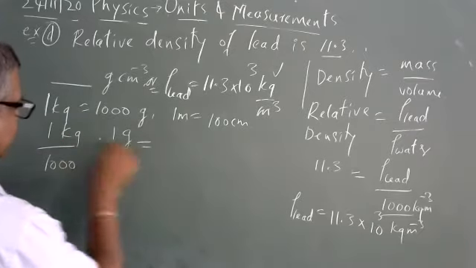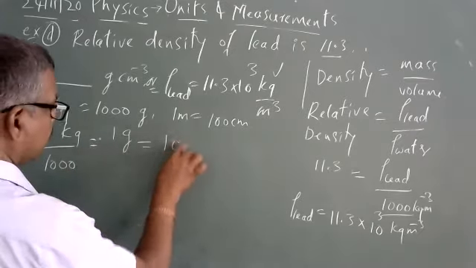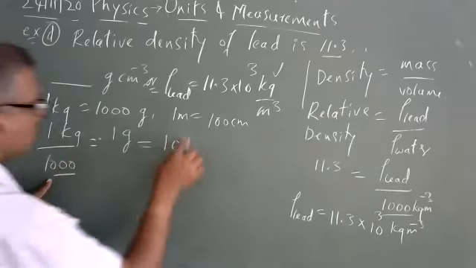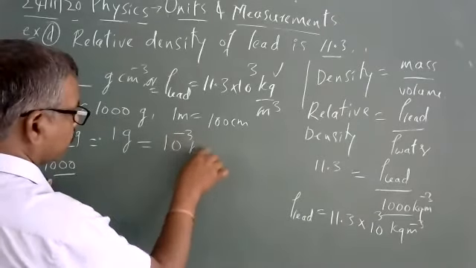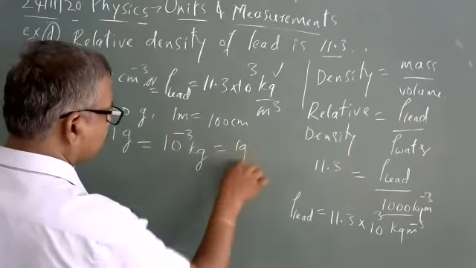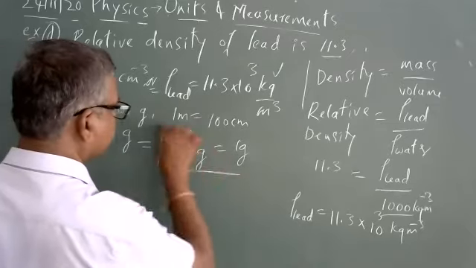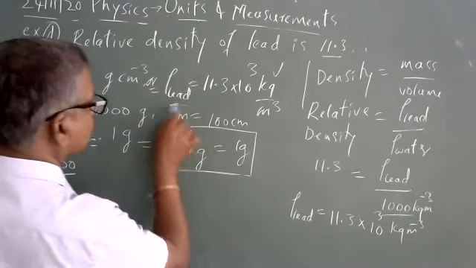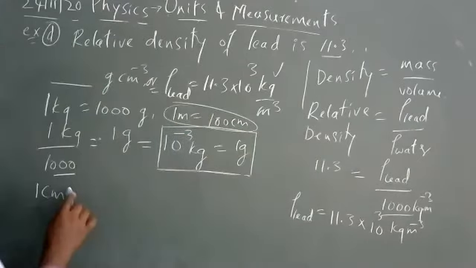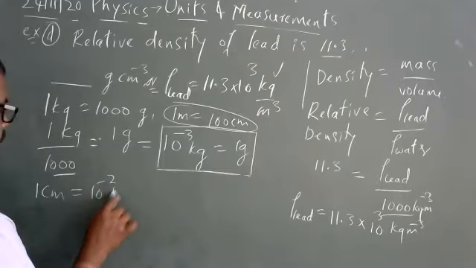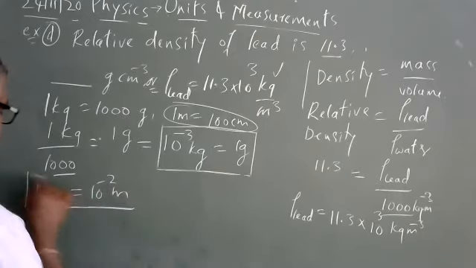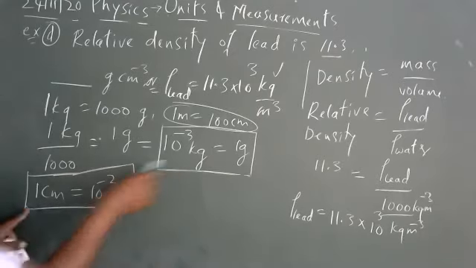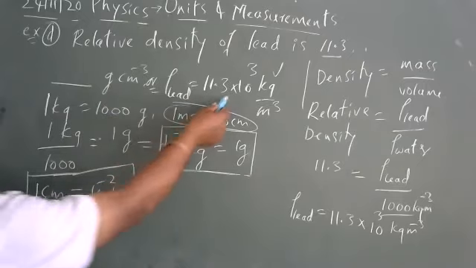I can write this mathematically as 10 raised to minus 3 kilogram equal to 1 gram. You need to remember this mathematics. Now similarly 1 centimeter equal to 10 raised to minus 2 meter. So again you remember this relationship. Using these two I can calculate this value.